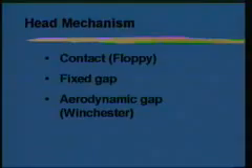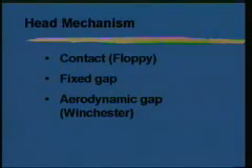They are the contact, fixed gap and aerodynamic gap. In the contact type, we have pointed out the floppy disk is an example. What do we mean by contact head mechanism? Well, in this head mechanism, the surface of a disk, which is the magnetic surface, is in contact with the head.